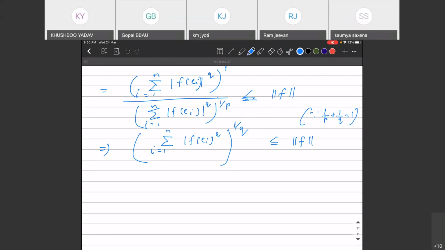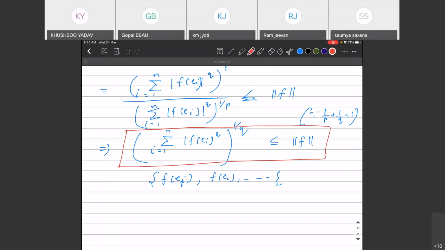Okay, so far it's okay. So this means if you have the sequence F1, F2, ..., Fn, you have this sequence, and you know this part was true for any n.